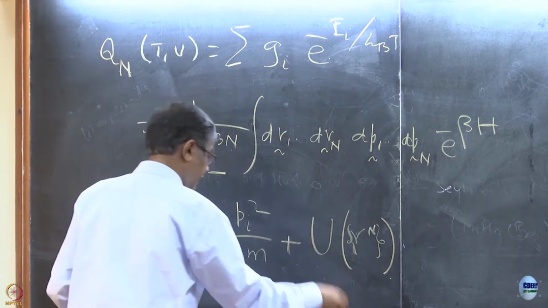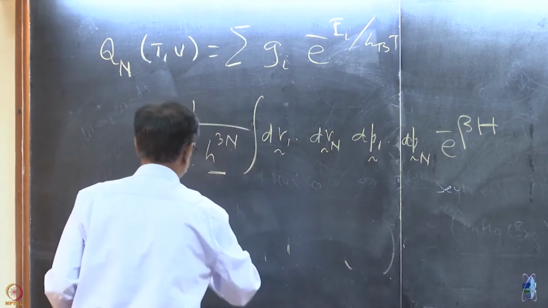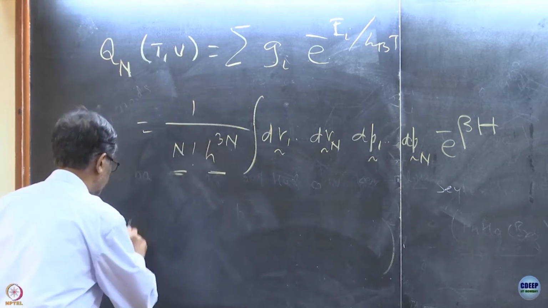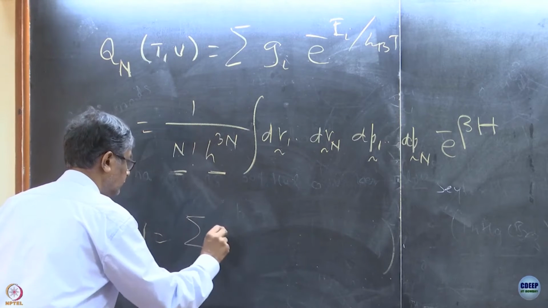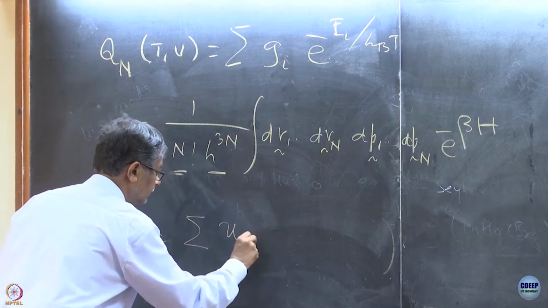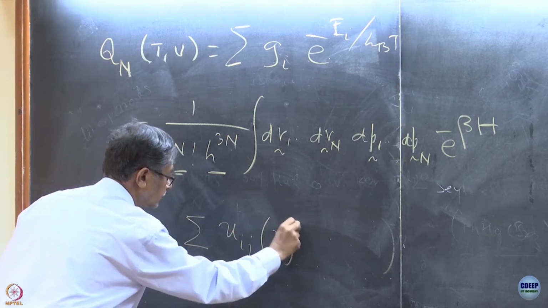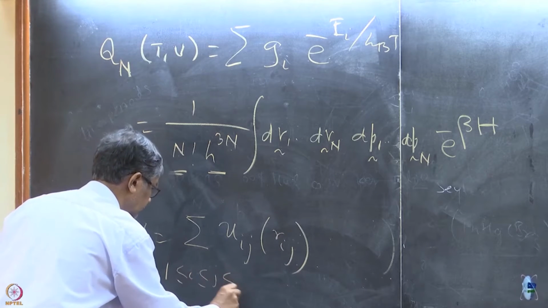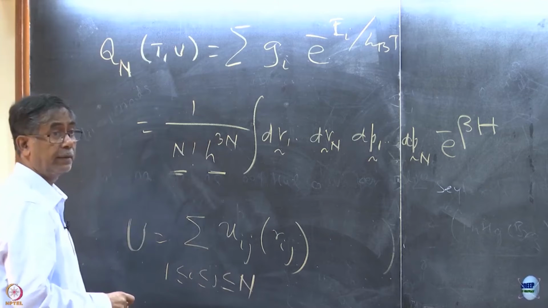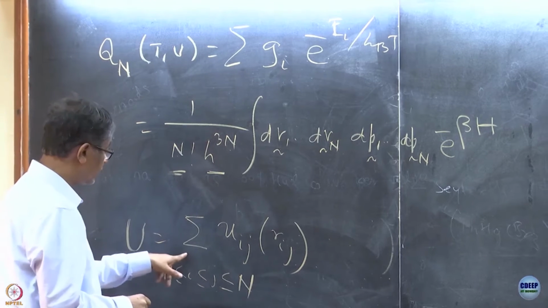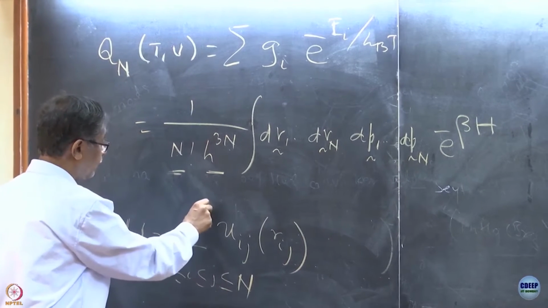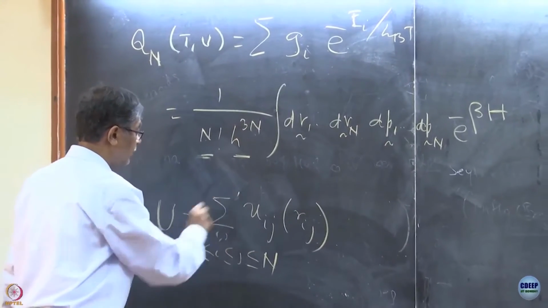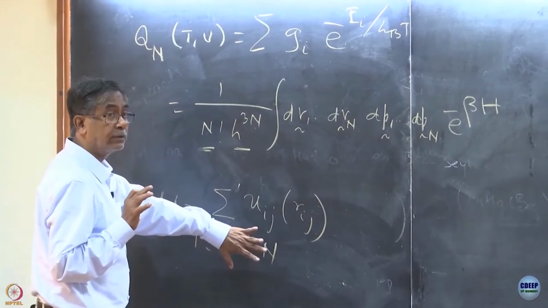And this quantity U is the interaction potential. Many times we do not write all these things, we just write ij here and we put a prime here. That is the standard StatMech notation. We just do that, then we do not have to write all this. It is understood.